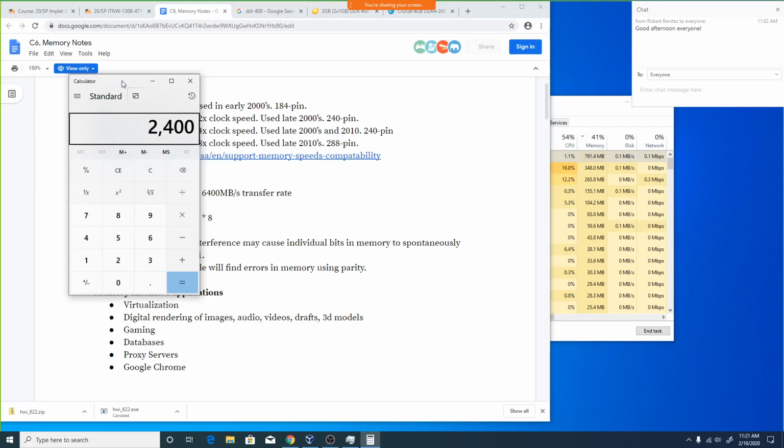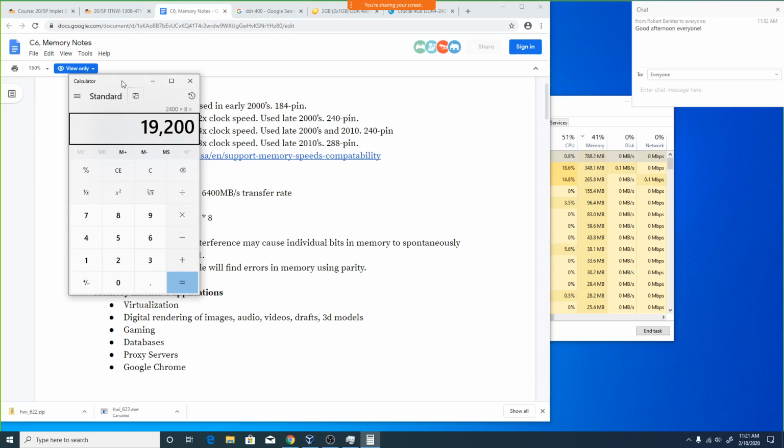So if we're looking at 2400, multiply that by 8, 19,000 megabytes per second, or 19 gigs per second. Moving data from memory to your CPU. That is what that number means. That's how fast RAM can shove stuff down that pipe so your CPU can process it, whatever that may be.